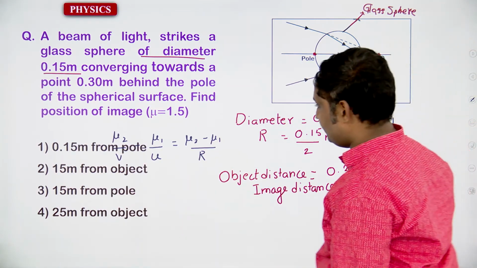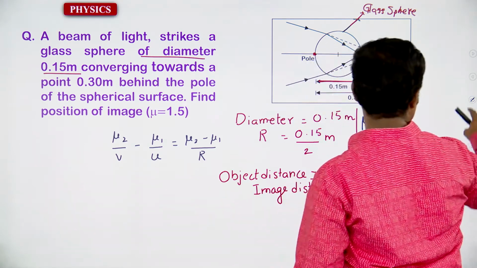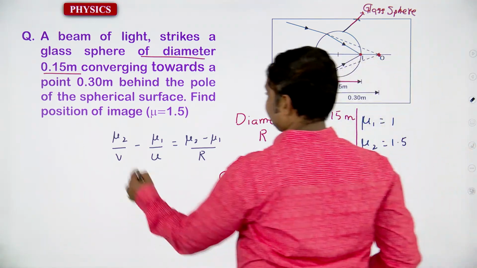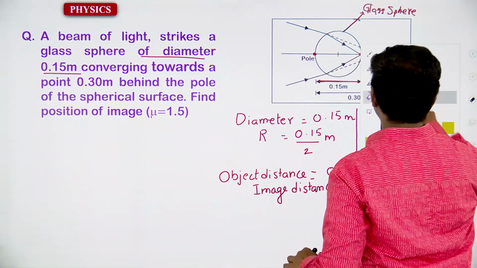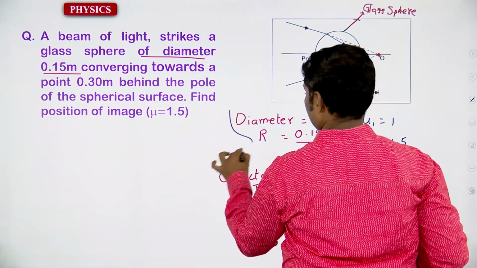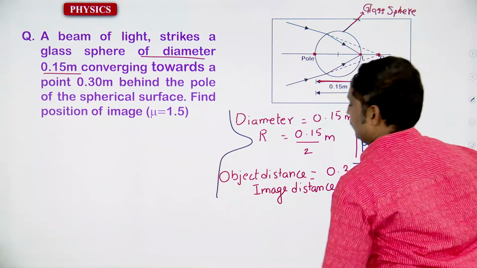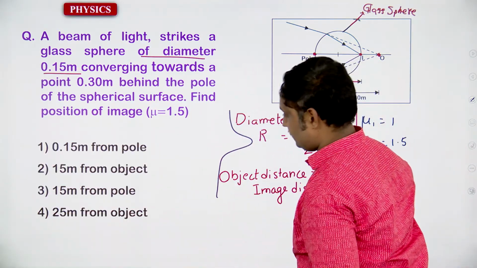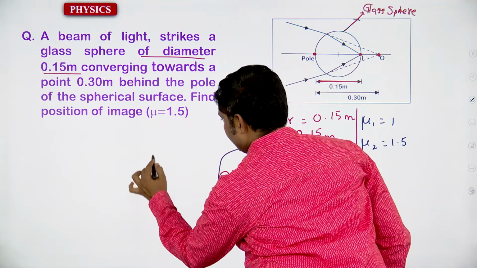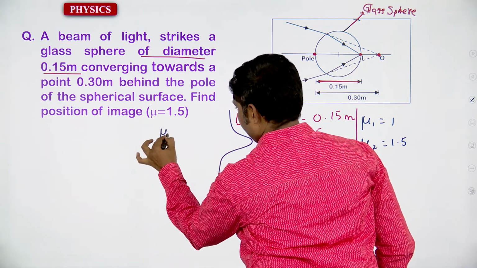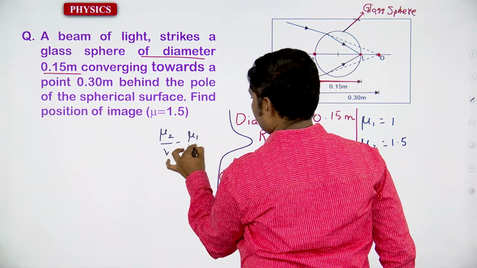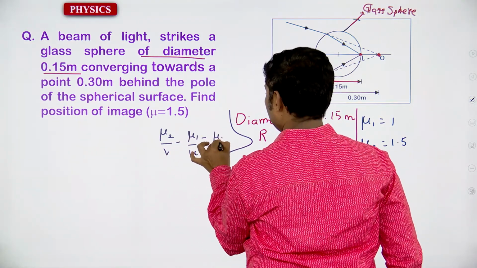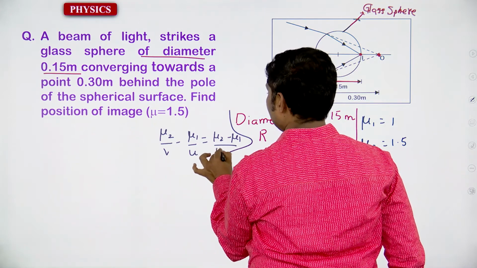We will use the limited space. That is, mu2 by v minus mu1 by u is equal to mu2 minus mu1 by r. It's very clear.